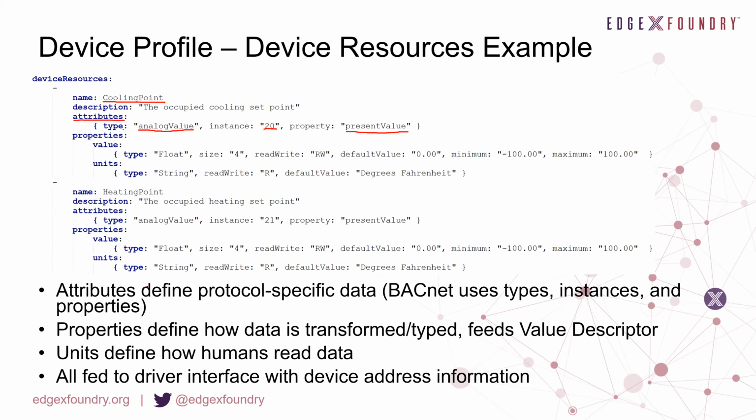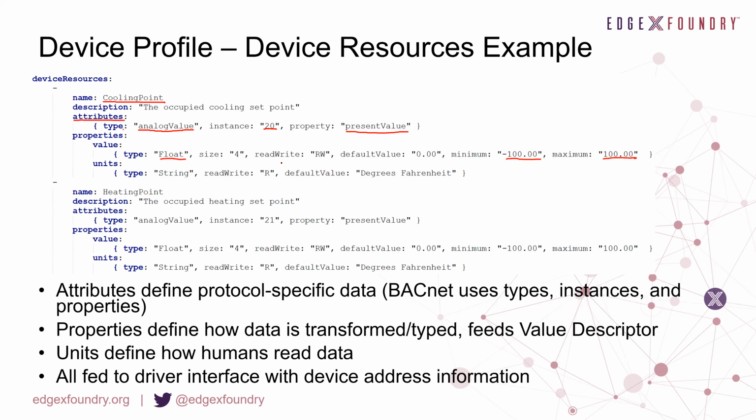Other things to call out here, we have properties in the device resource, which define how that data is transformed or typed as it goes up the stack. These property values in the device service SDK are used to populate the value descriptors. So we pull our minimum and maximum values and our value type out of this layer.